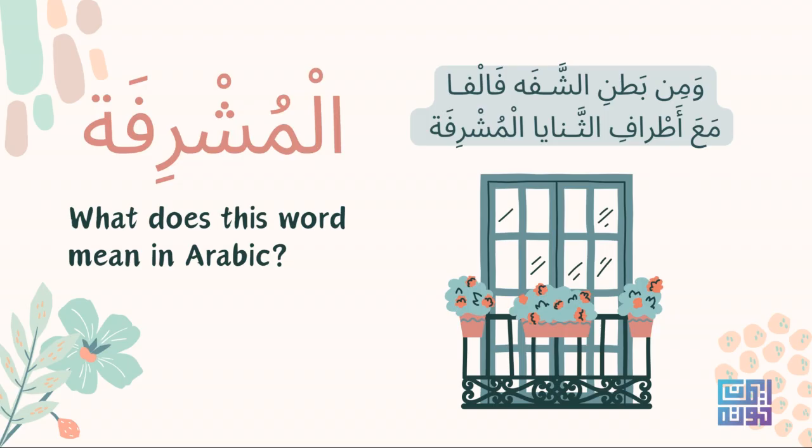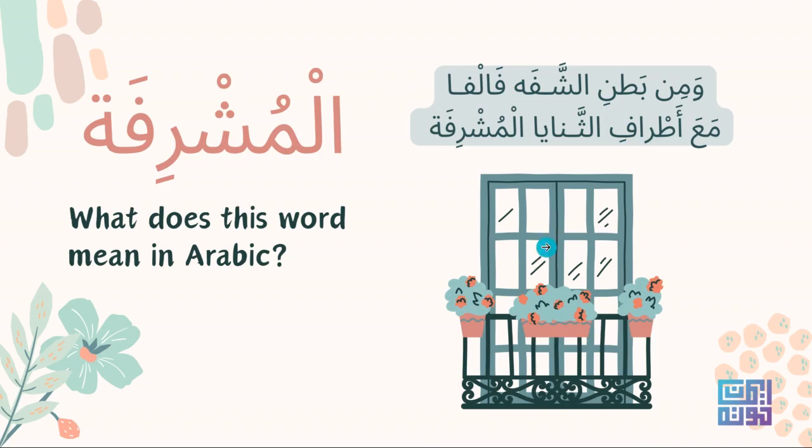Okay, so the balcony means whoever is standing in the balcony is upper and looking at the lower scenery. And this is, subhanallah, the Arabic is just beautiful. If anybody has the opportunity to study Arabic language, you will never regret doing so. Really, it's an amazing language.